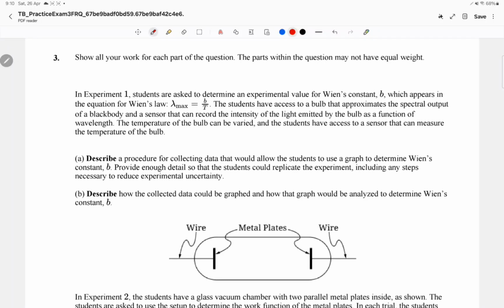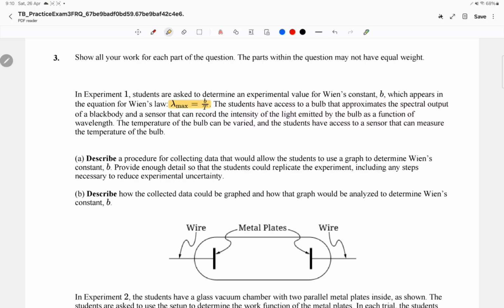Question 3. In experiment 1, students are asked to determine the experimental value for Wien's constant, which appears in the equation lambda max is equal to B over temperature. The students have access to a bulb that approximates the spectral output of a black body and a sensor that can record the intensity of the light emitted by the bulb as a function of wavelength.